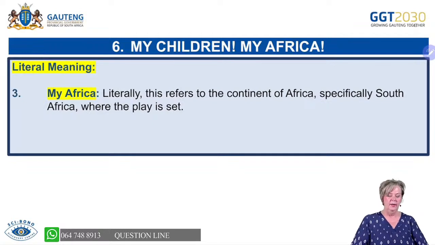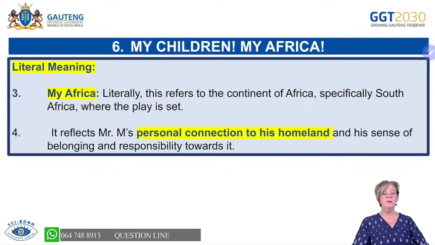My Africa literally refers to the continent of Africa, specifically South Africa, where the play is set. It reflects Mr. M's personal connection to his homeland and his sense of belonging and responsibility towards it.